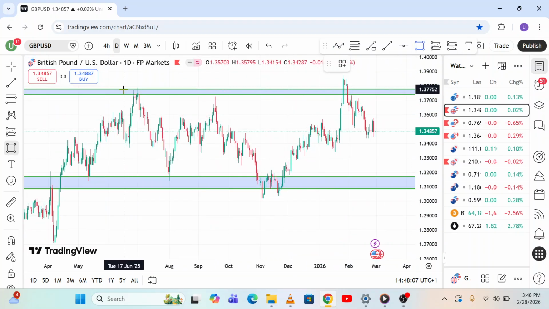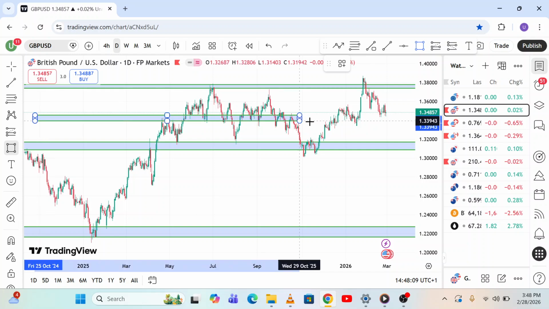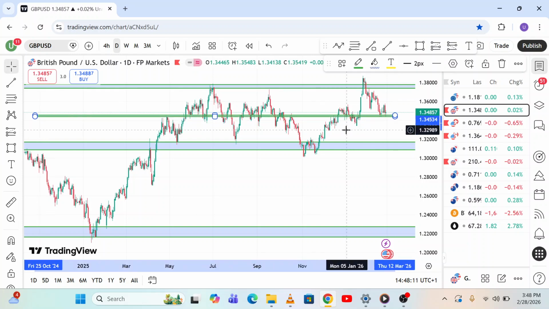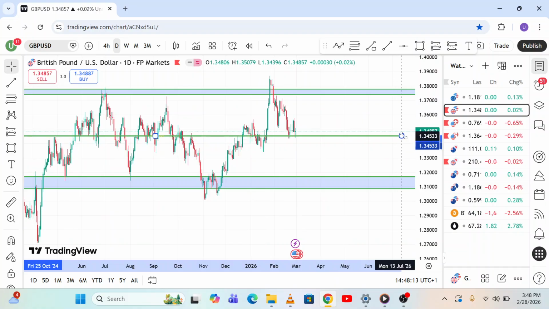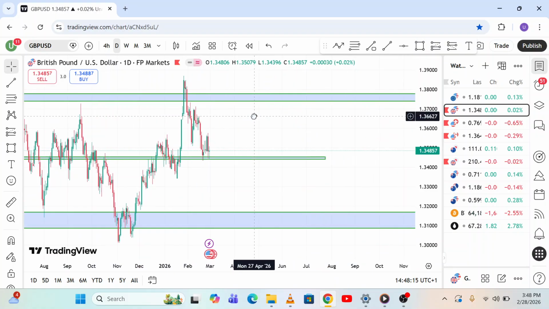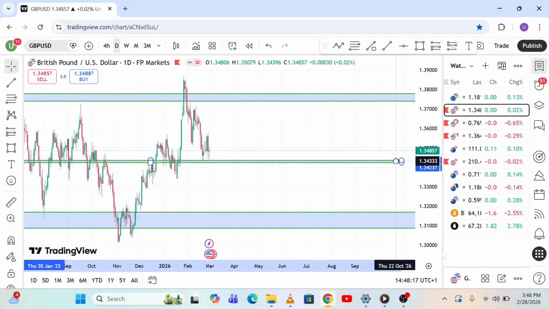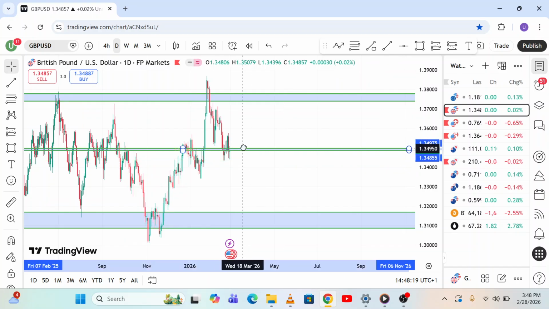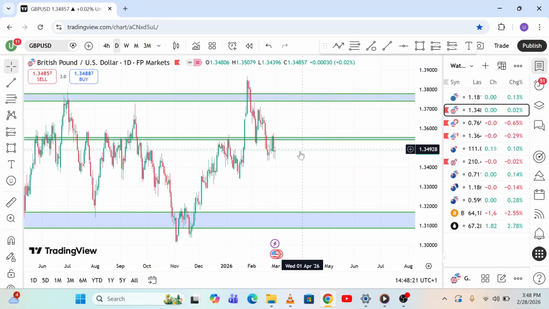This is a daily midway zone, but this can't remove the fact that we are in a consolidation zone.